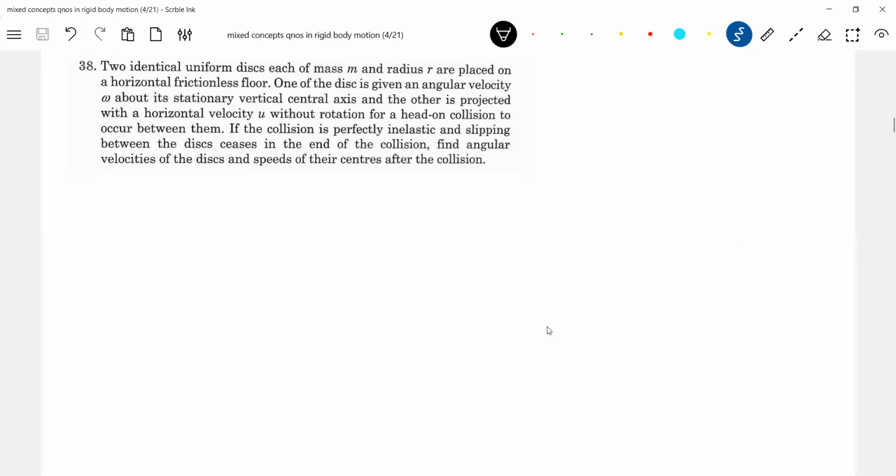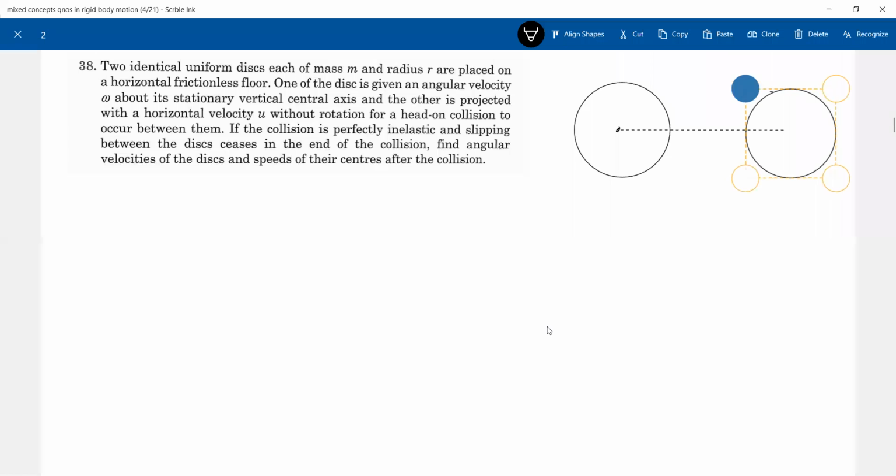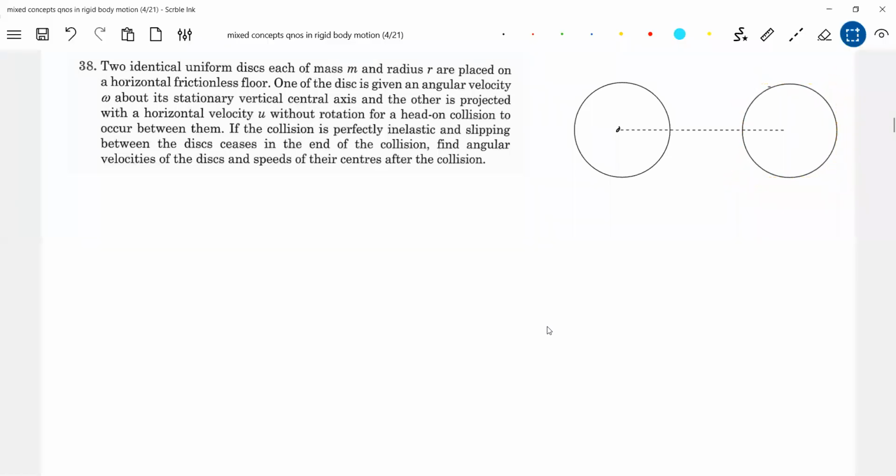So there is a stationary disk. Both are identical. I think I need many such diagrams.